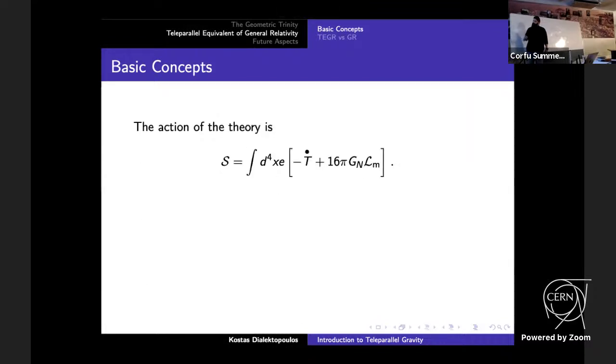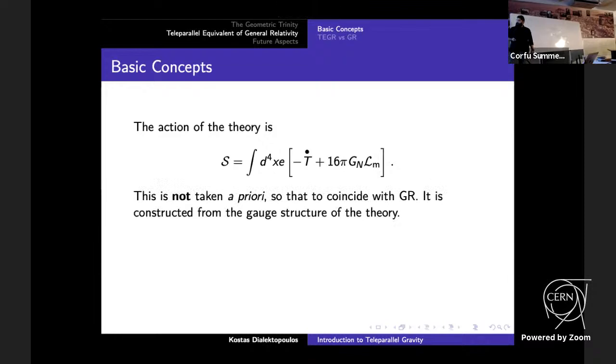The action of the theory is just the torsion scalar, which is not taken a priori to reproduce GR's results, but it's derived from first principles. And this is because teleparallel gravity is the gauge theory of translations.